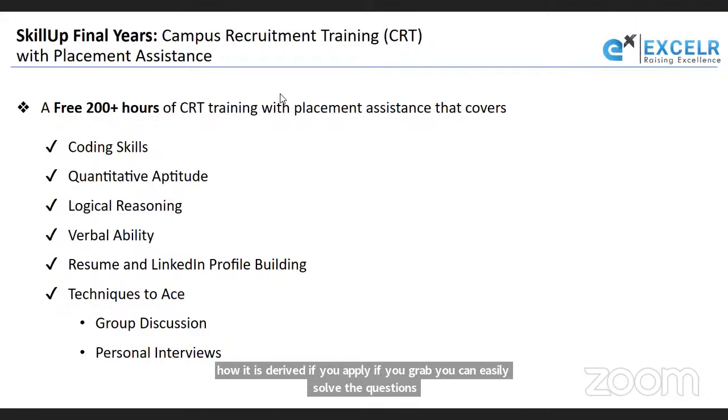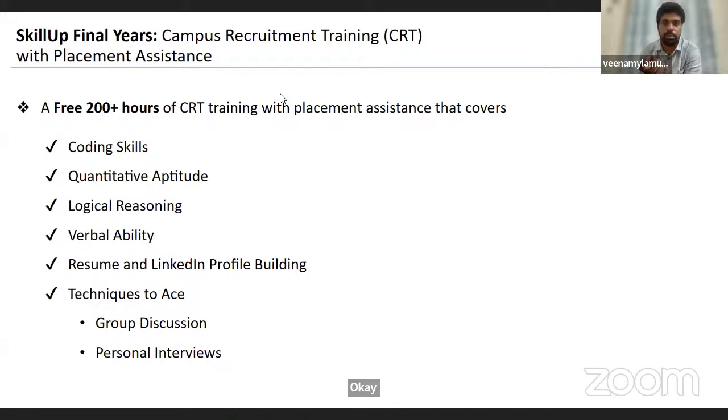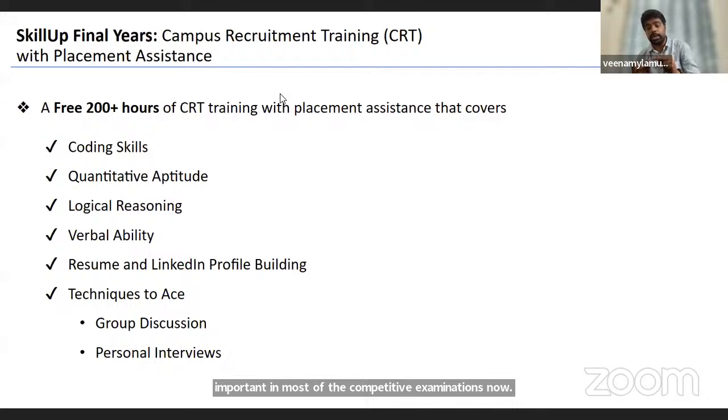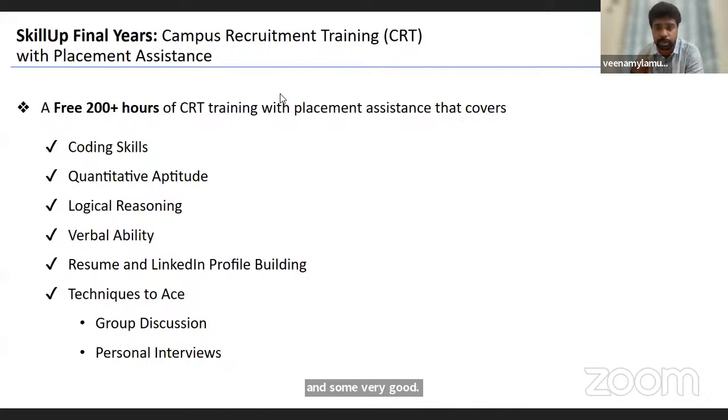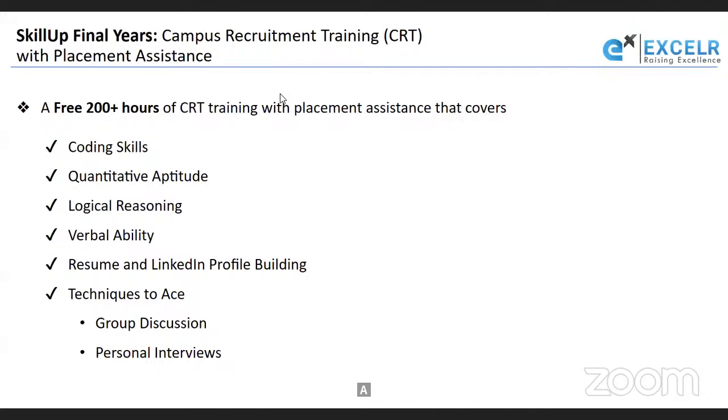That is where your problem solving skills will improve. So quantitative aptitude and logical reasoning is very important in most of the competitive examinations. Now, I can bet you that if you are good with aptitude, reasoning, English, you can get into some very good companies and some very good organizations, even PSUs.